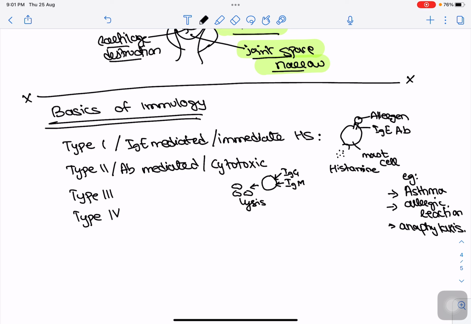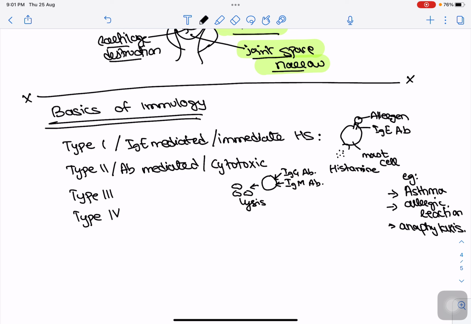So this is known as cytotoxic. That means cyto means cell, toxic means breakup. So cell breakup, which is due to the IgG and IgM antibodies that deposit onto the cell membrane. If you read up the names, you'll understand the mechanism of each of these types of immunology reaction.